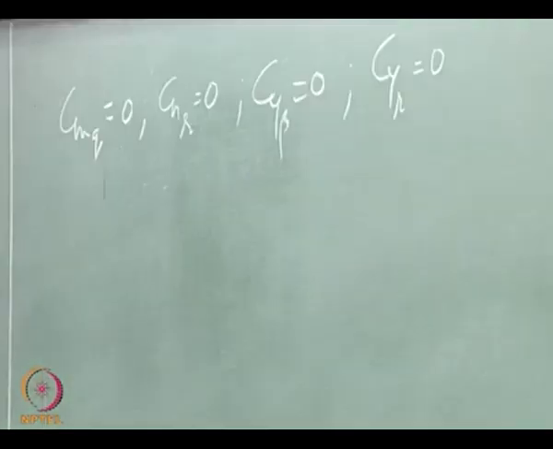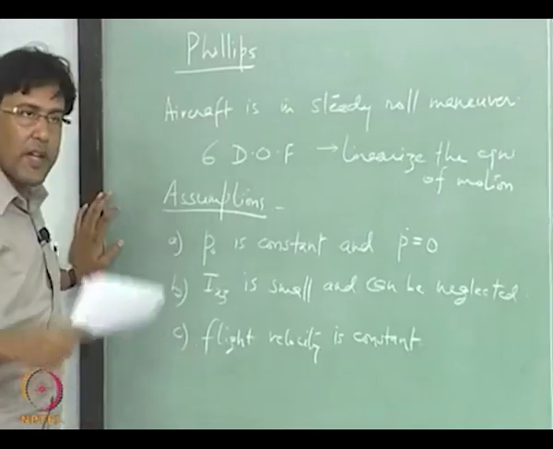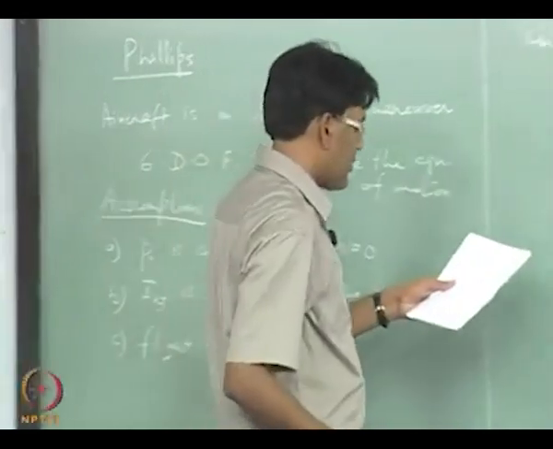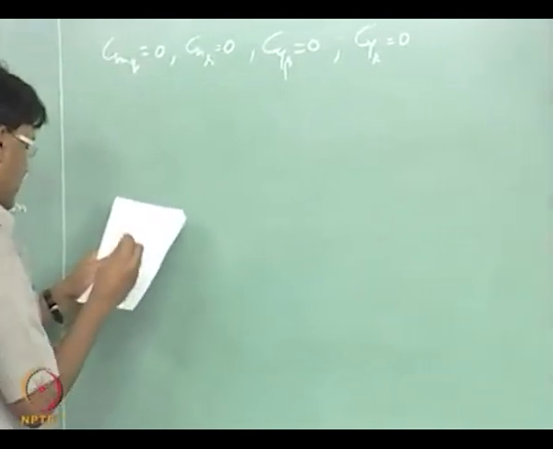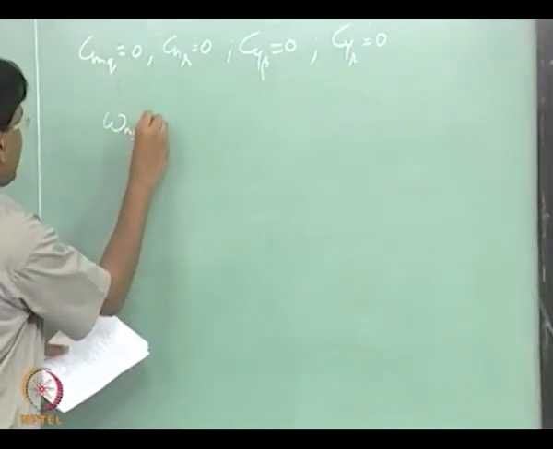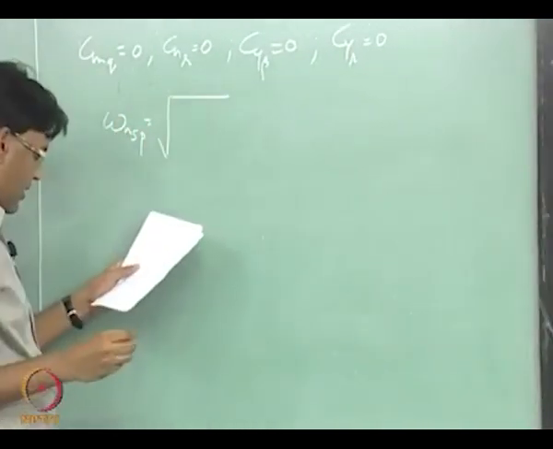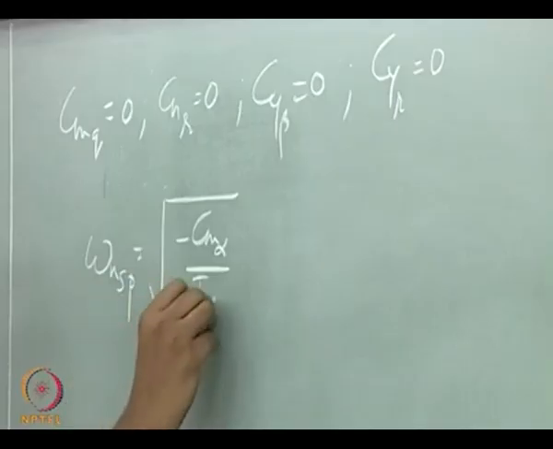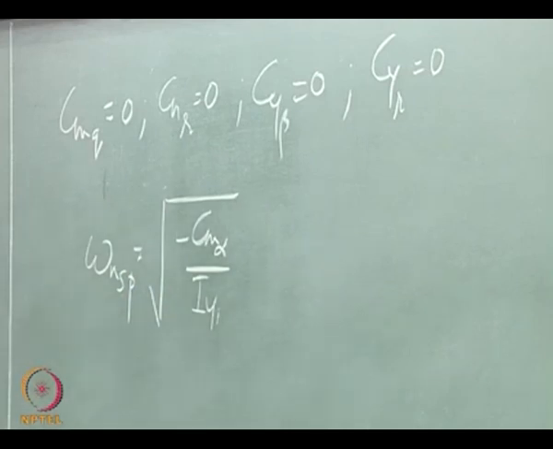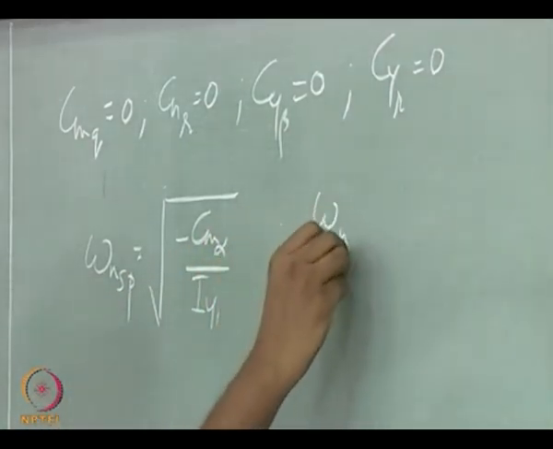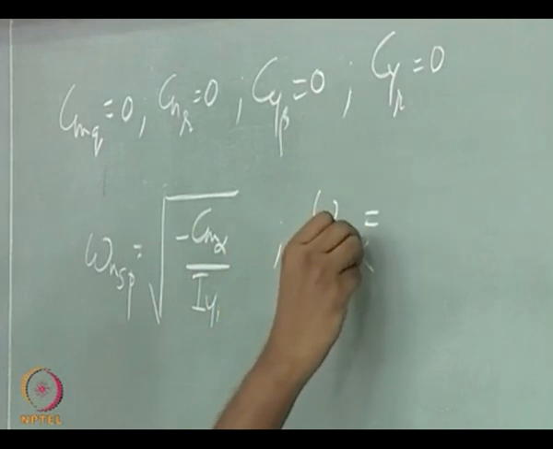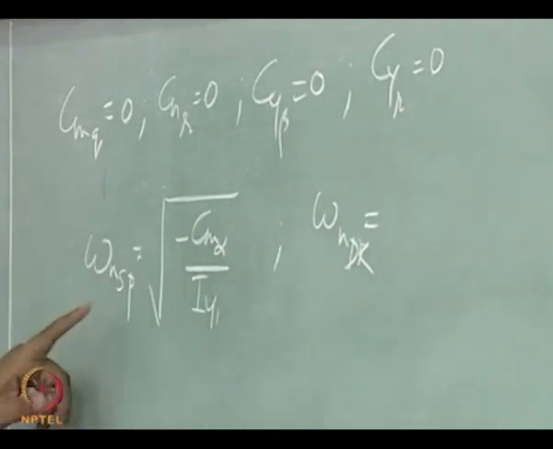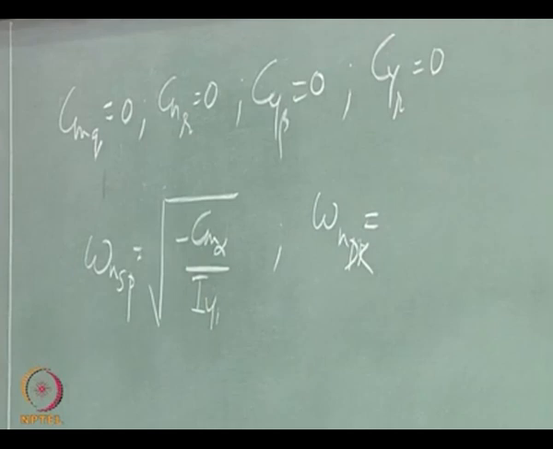Right. So now he defines the two frequencies corresponding to the short period mode and the Dutch roll mode in terms of whatever parameters are left now. Okay. So, omega n sp is the short period mode frequency, and the Dutch roll mode frequency is given by this.